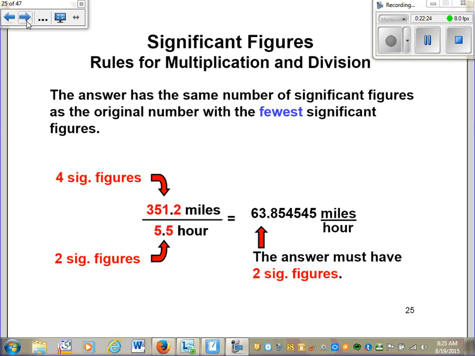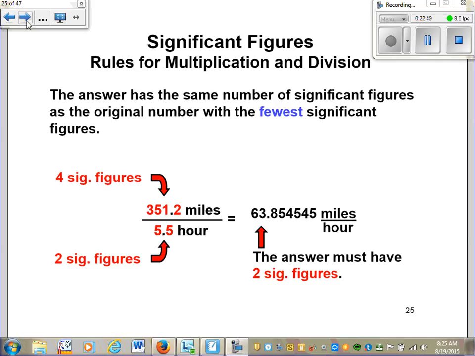Calculation rules. This is where people have problems too. When you multiply or divide, your answer has to have the same number of significant figures as the measurement with the least amount of significant figures.